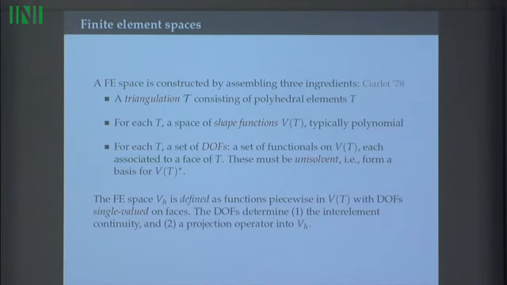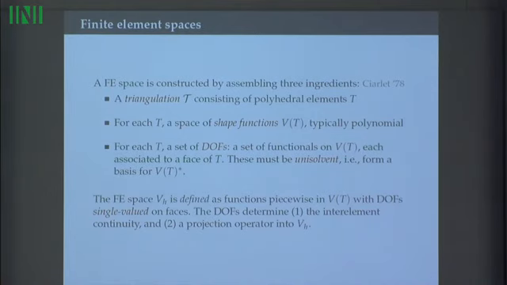So the number of them is exactly the dimension of V_T, and they can be assigned arbitrarily to determine a unique element of V_T. And then that tells you how to define the finite element space V_h. It's those functions which are piecewise in V_T. And when two T's have a common face, the degrees of freedom associated with those faces take the same values, single-valued degrees of freedom.